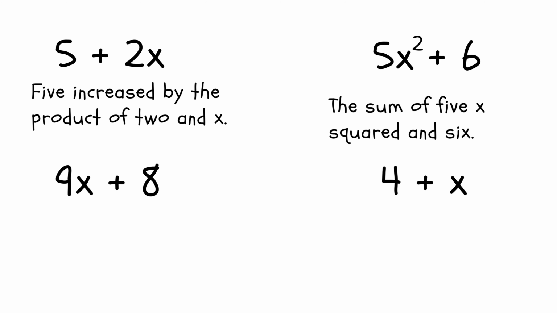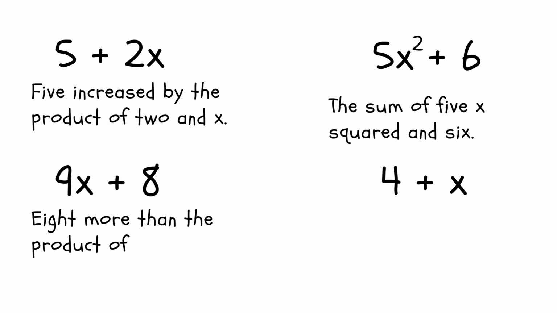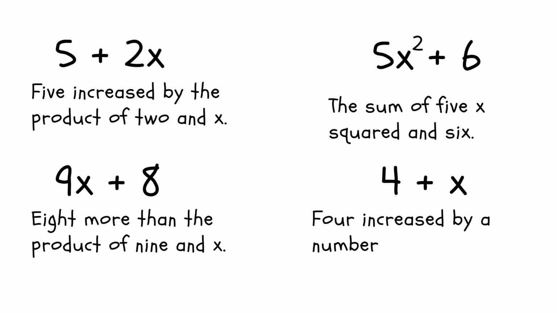For 9x plus 8, we can express it as 8 more than the product of 9 and x. And finally, for 4 plus x, we can say 4 increased by a number. If your answers match or mean the same thing, you're on the right track.